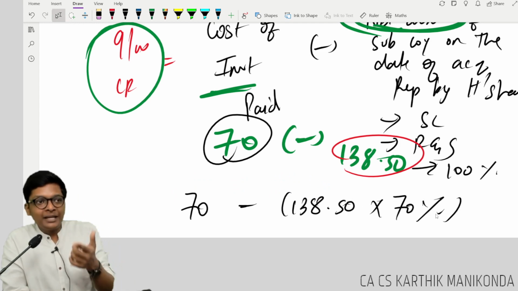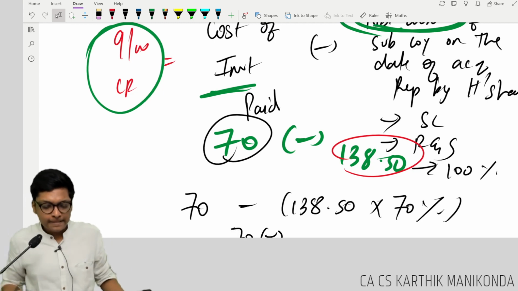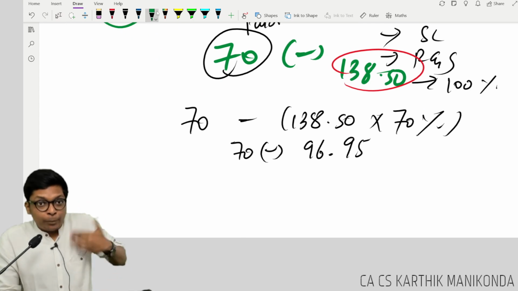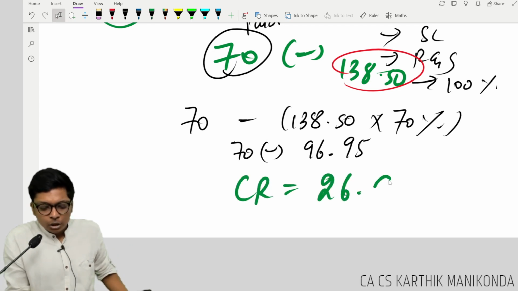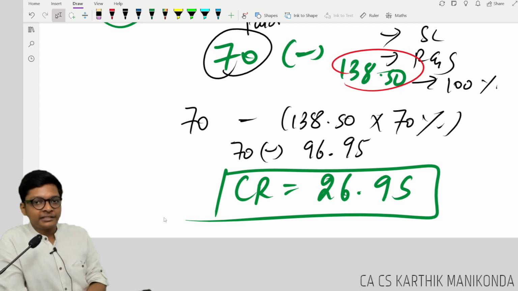Correct? Because the holding company share is only so much. So you are getting 70 minus 96.95. So I bought 96.95 by paying 70. So my capital reserve is 26.95. Are you all following, guys?